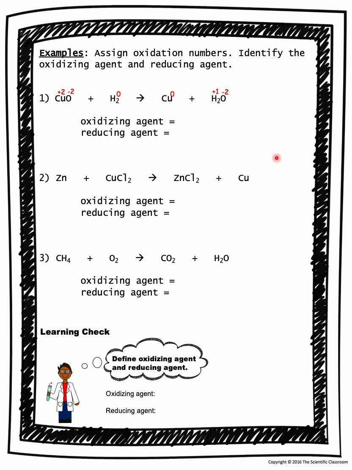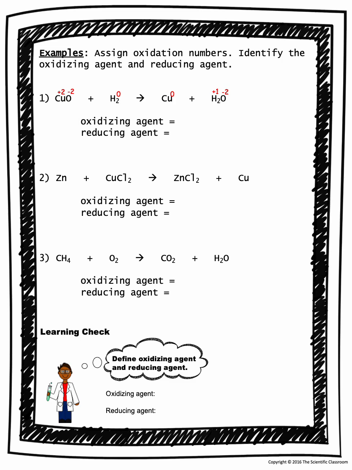So which one is the oxidizing agent and which one is the reducing agent? First, let's figure out which one is oxidized and which one is reduced. Remember, OIL RIG: oxidation is loss, so it gets more positive, and reduction is gain, so it gets more negative. Copper goes from +2 to 0.